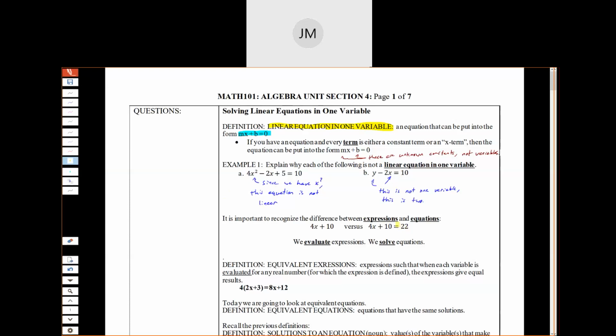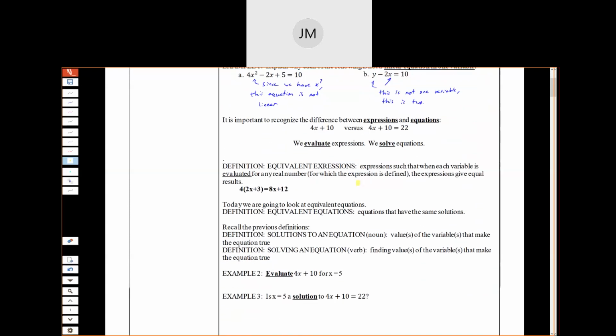But solving an equation is different. Solving an equation is finding the x value that makes it a true statement. So we evaluate expressions, we solve equations. All right, so let's look at some examples where we see the difference between the two.